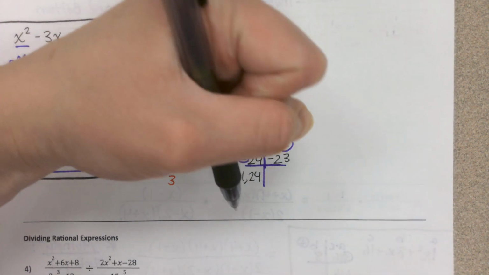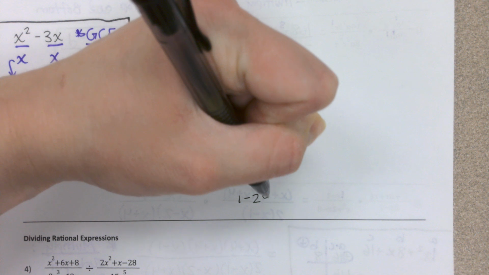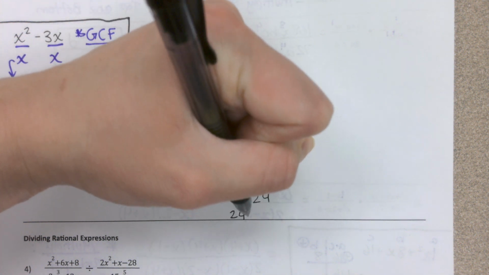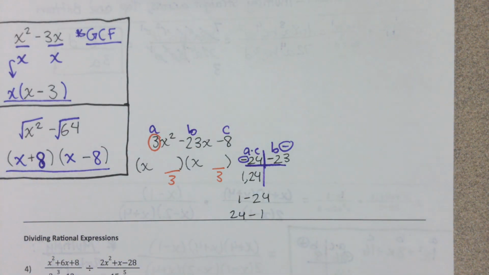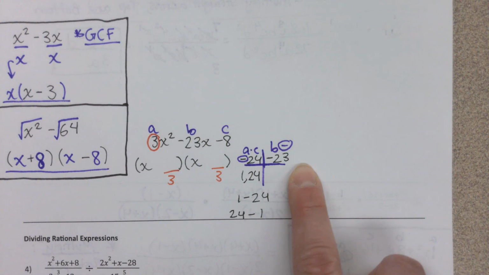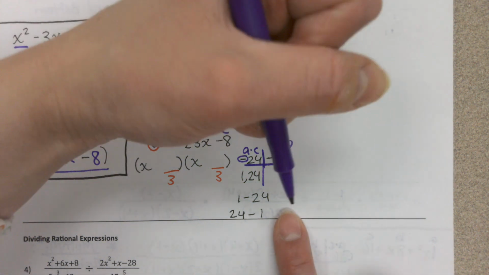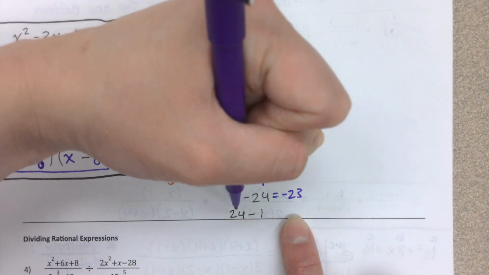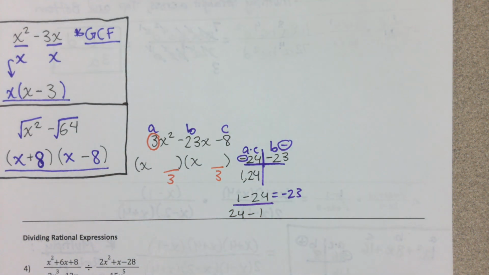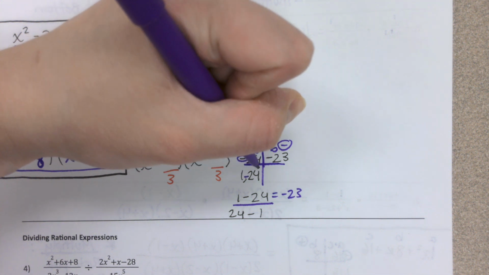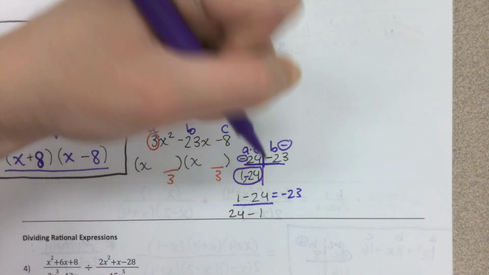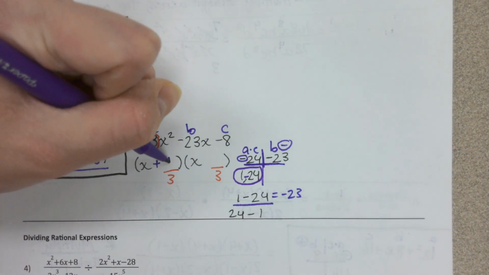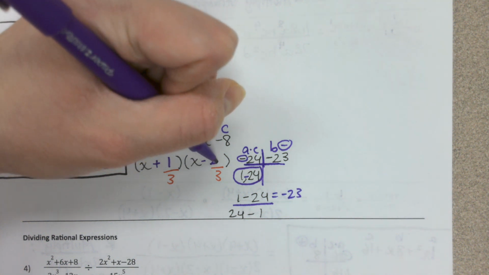I want you to test both ways. 1 minus 24 or 24 minus 1. To get negative 23, I'm going to need the first arrangement. 1 minus 24 is negative 23. So I'm going to use 1 and negative 24 for my factors. So it's x plus 1, x minus 24.